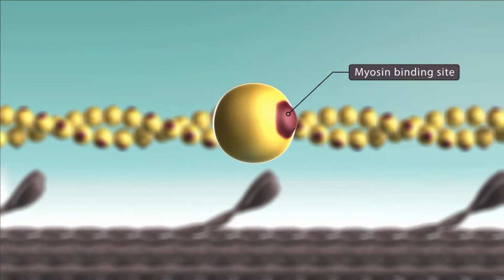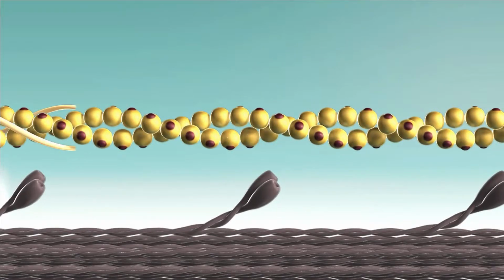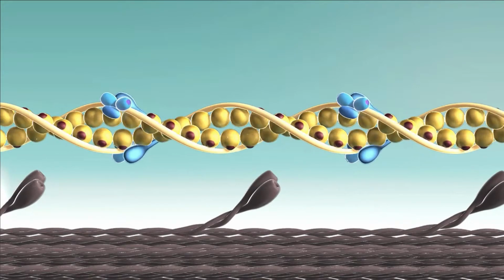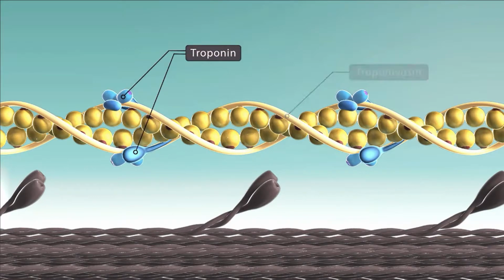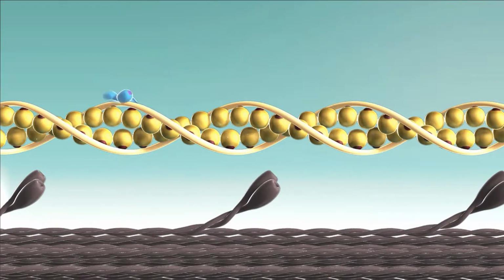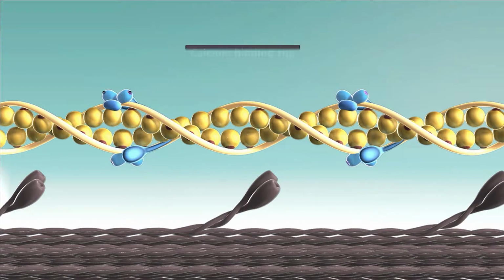Each actin protein has a binding site for myosin. The binding sites on actin proteins are covered by tropomyosin, which is maintained in place by troponin. Troponin is a protein spaced along the thin filament and attached to both actin and tropomyosin. It also has a binding site for calcium ions.